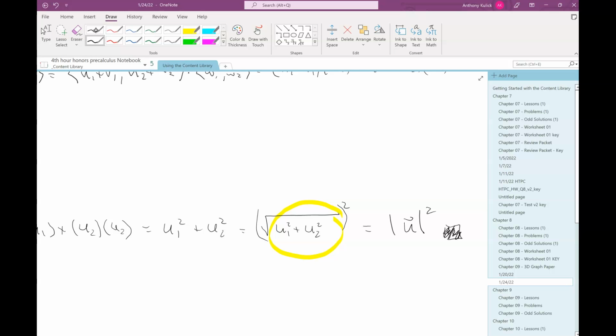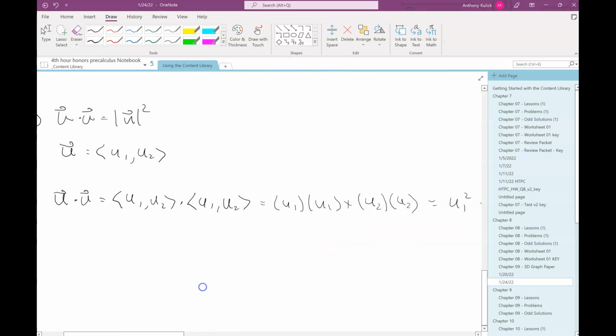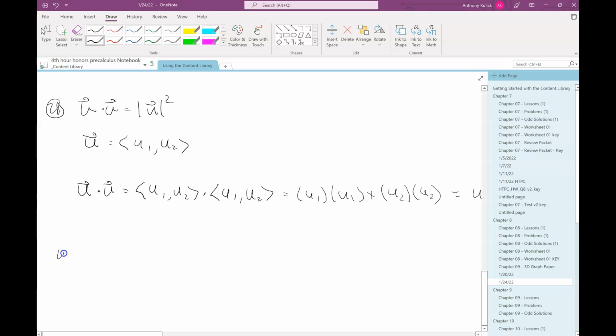Last call on homework questions. Amy? Yeah, so to show two things are orthogonal, all we need to do is show that their dot product gives us 0.